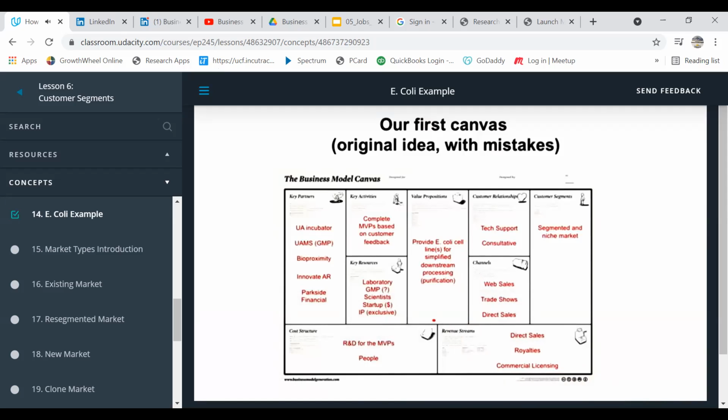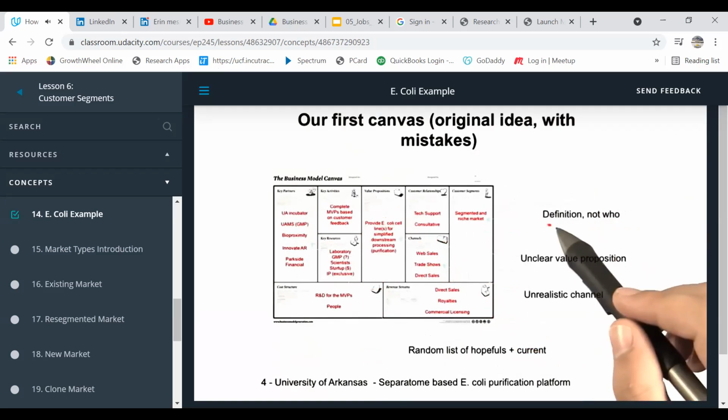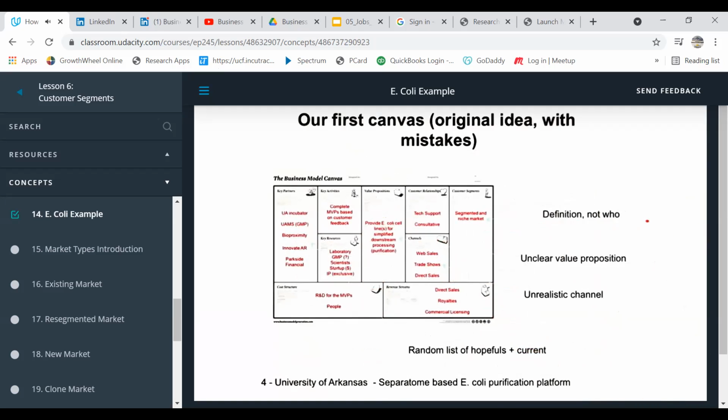And they said, oh, our customer segment is segmented in niche marketing. Now, in hindsight, after the end of the class, they were the ones who actually went in and said, well, that was kind of a definition of what a customer segment was, but they didn't really describe who. And their value proposition, as even they realized later, was pretty unclear.